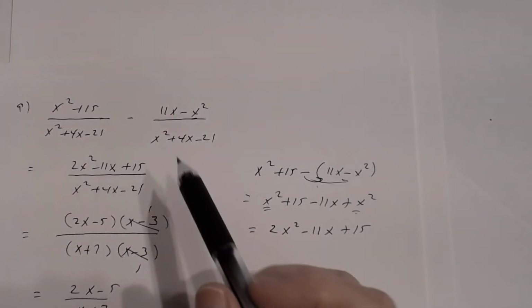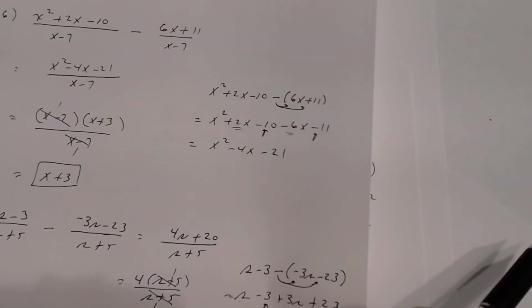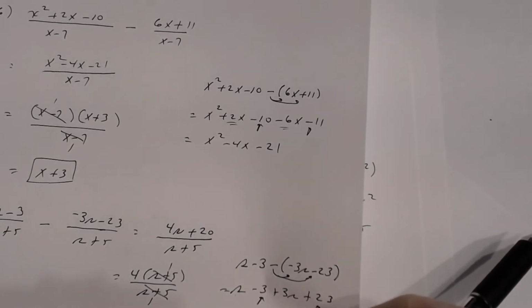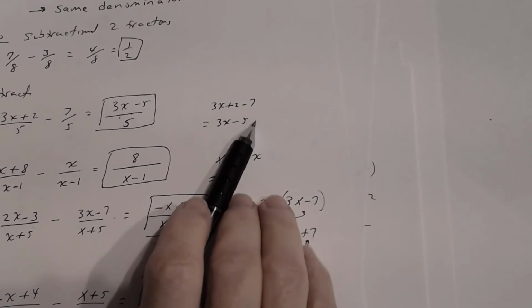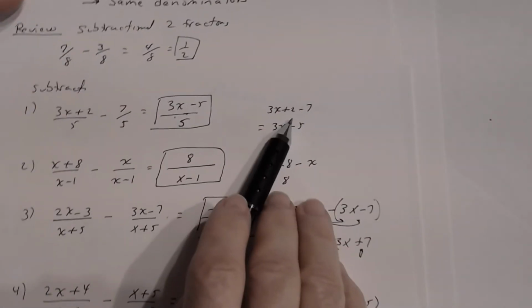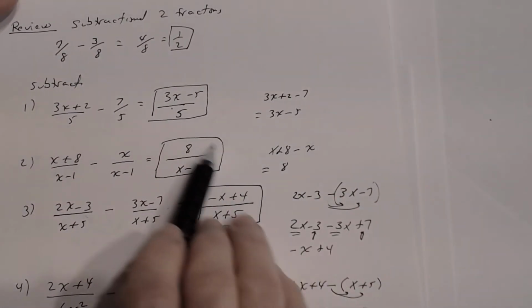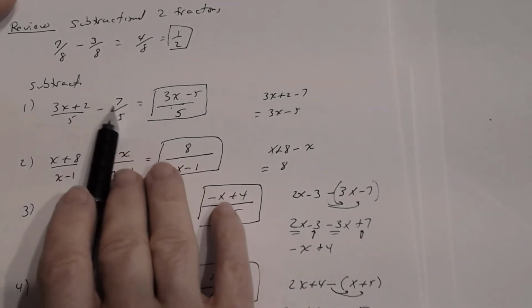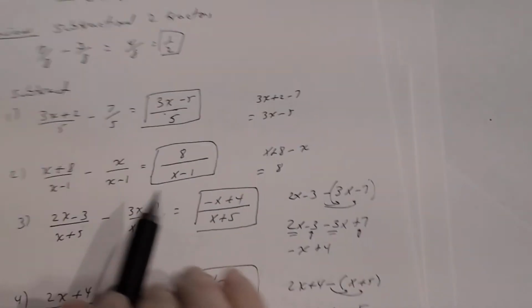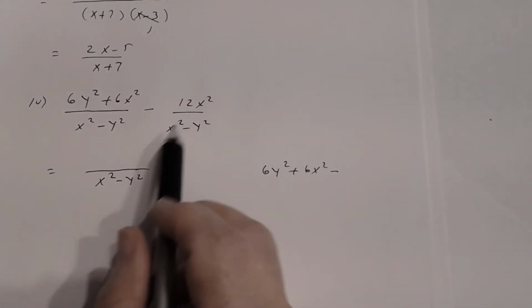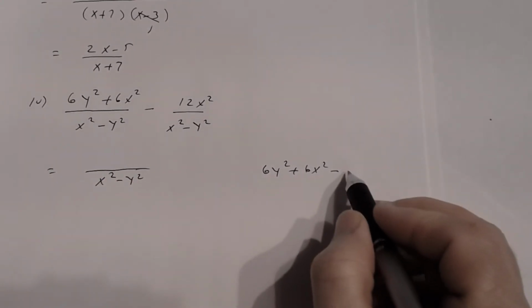When we did the first few, I didn't put parentheses in number 1 or number 2, because those were monomials. So for number 10, I'm not putting 12x squared in parentheses. I'm just going to say minus 12x squared. Parentheses are not needed here.